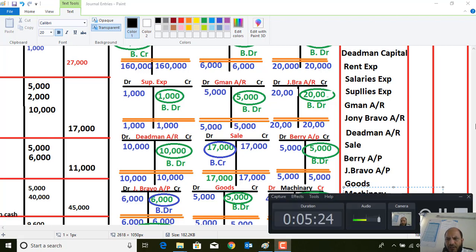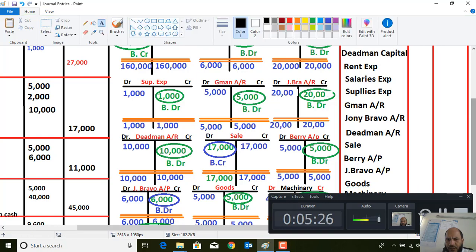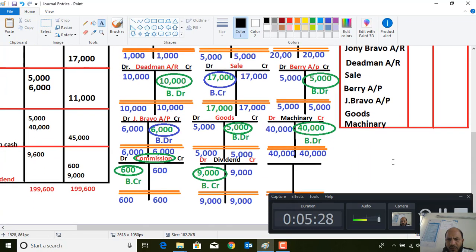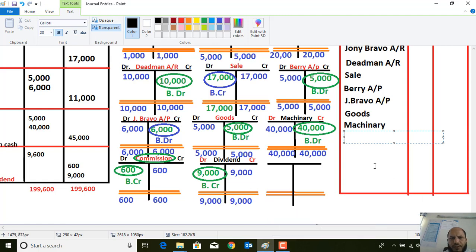After the machinery account, we have another ledger by the name of commission account, and finally another account by the name of dividend account.